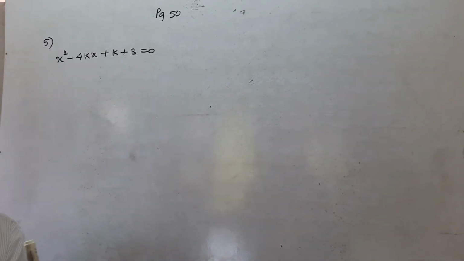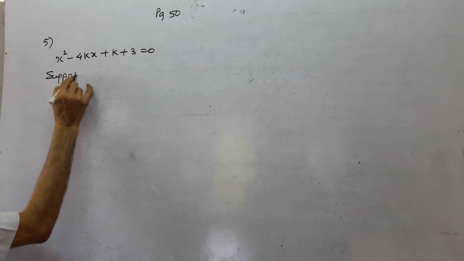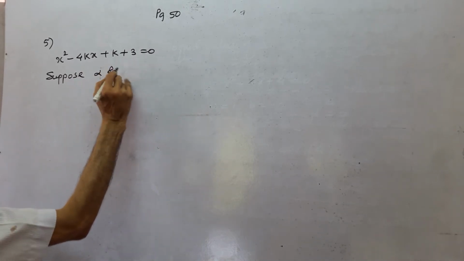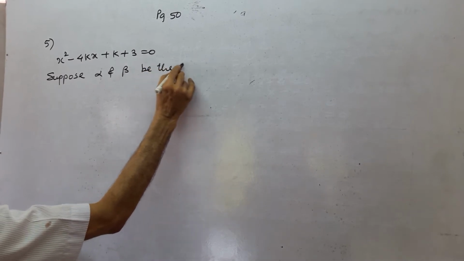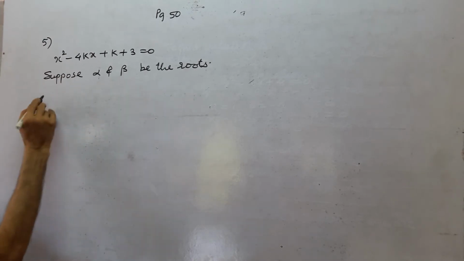The sum of the roots of the quadratic equation is the double of the product. So condition is given as sum of the roots is the double of the product. So suppose alpha and beta be the roots. Then we get alpha plus beta.